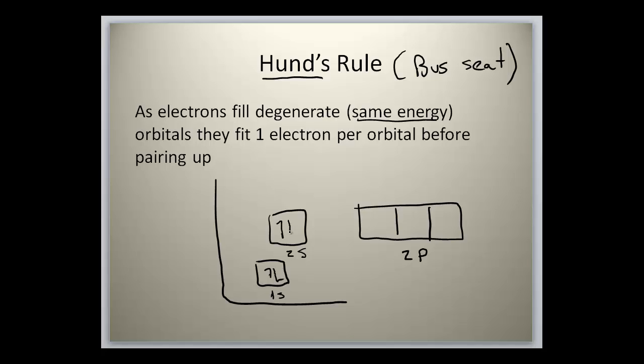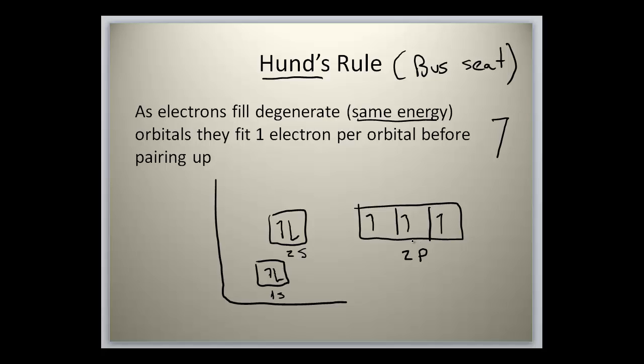The next higher energy is the 2s orbital, so we'll put 2 in there. These p orbitals have the same energy, so they're degenerate orbitals. We said we're going to add 7 electrons, so we have 3 to go. So we would put 1 in that orbital, 1 in that orbital, and 1 in that orbital.